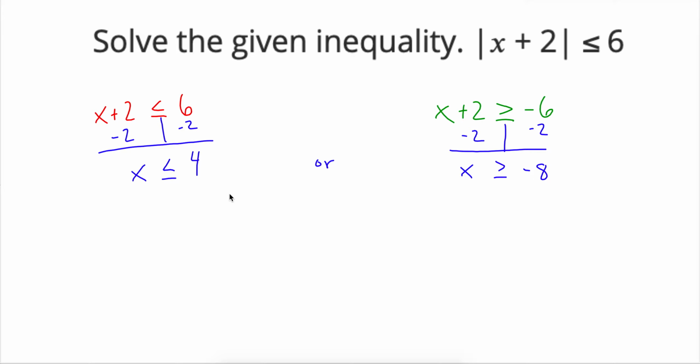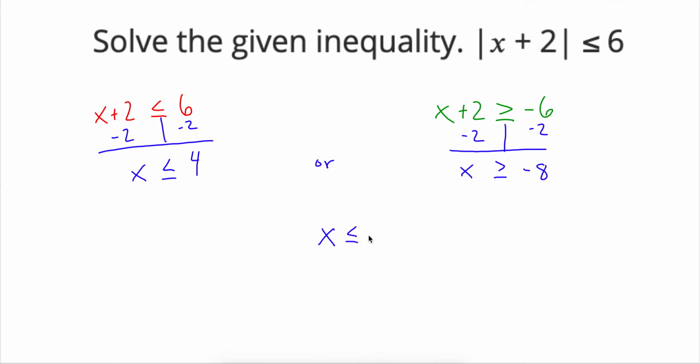So x can be less than or equal to 4 or greater than or equal to negative 8. I can combine that into one thing. Let's do it this way: x is less than or equal to 4, and I'm going to read it this way, x is greater than or equal to negative 8.